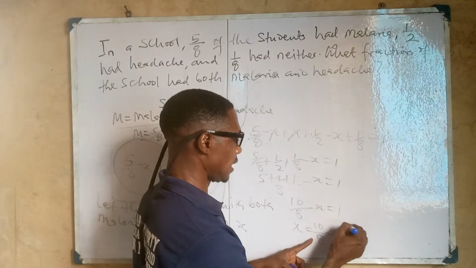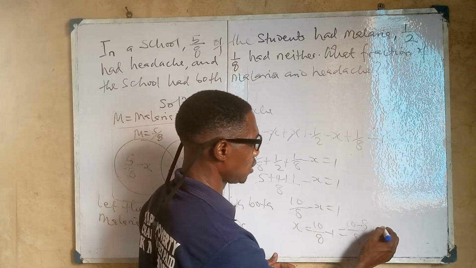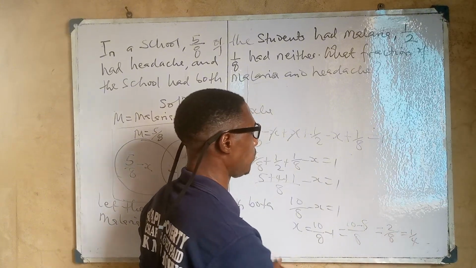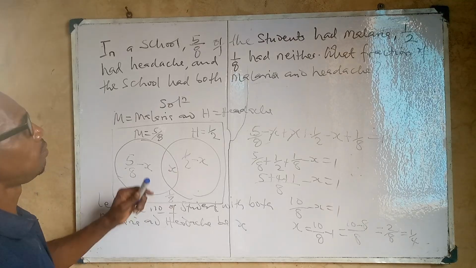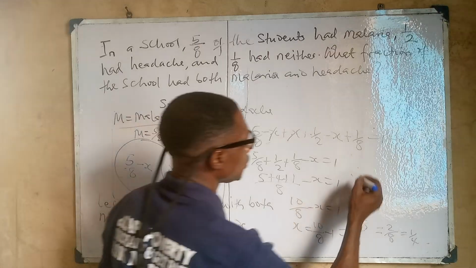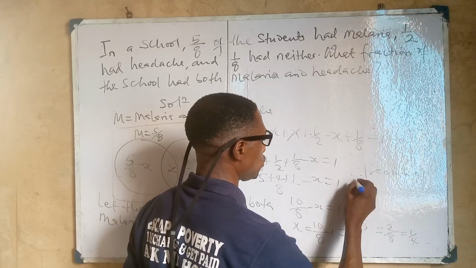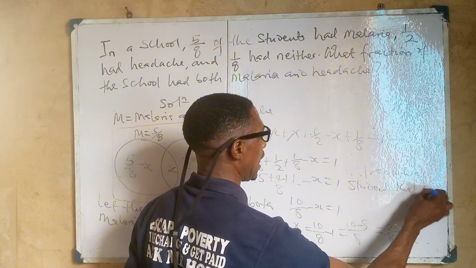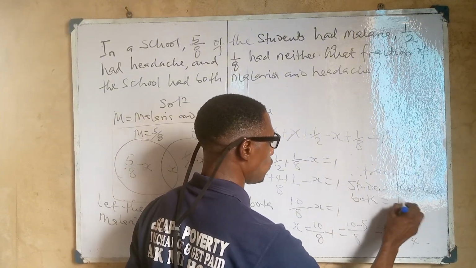We have 10 minus 8 here, which gives us 2/8, which is 1/4. Therefore, we can say that the fraction of students that had both is equal to 1/4.